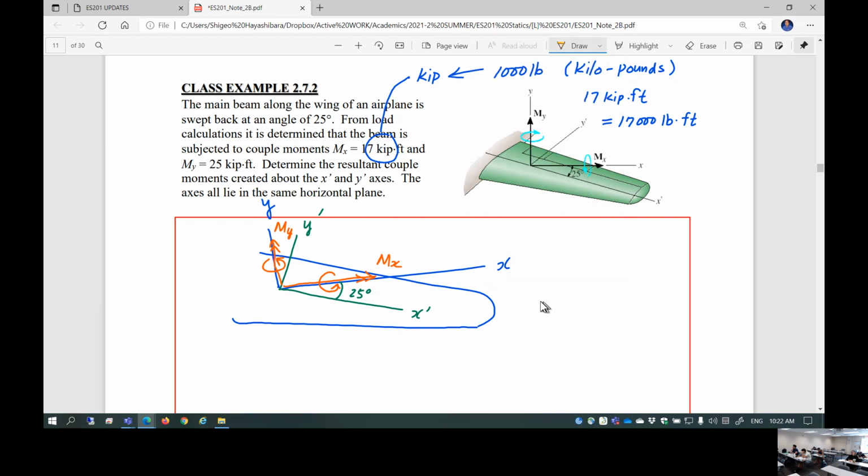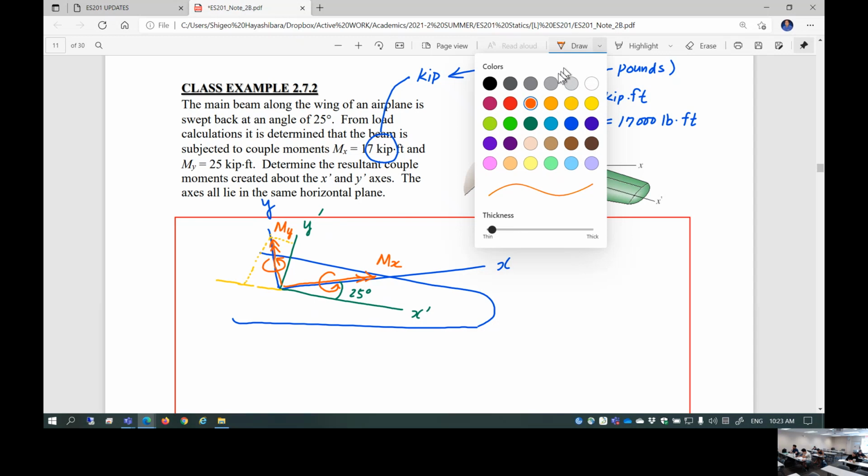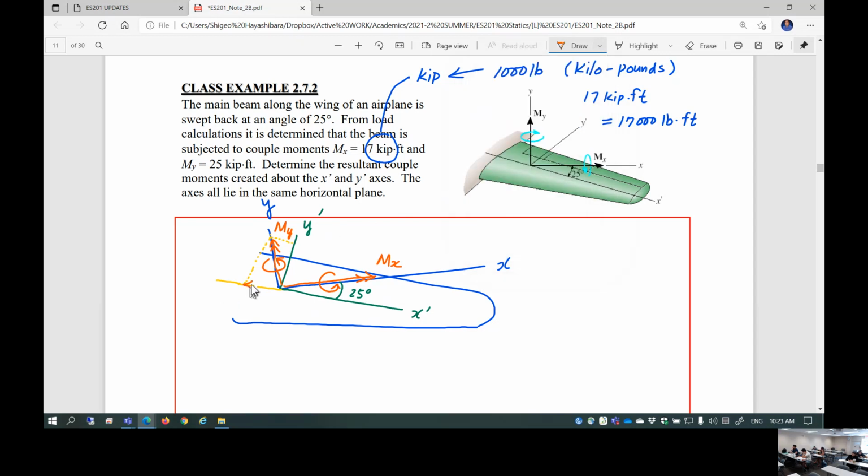So you can basically resolve this into the y prime direction and the x prime direction. We're going to resolve those into two directions, obviously. This and that.